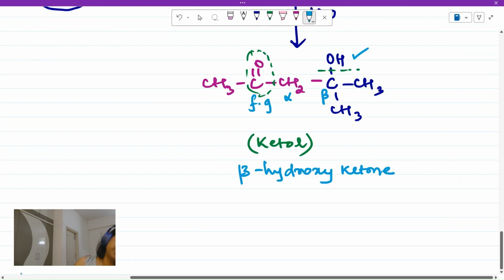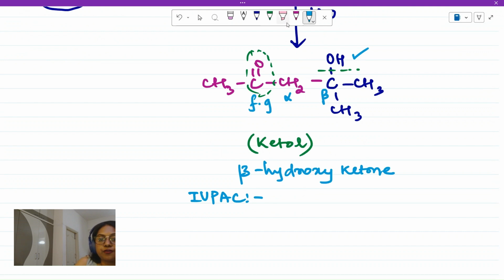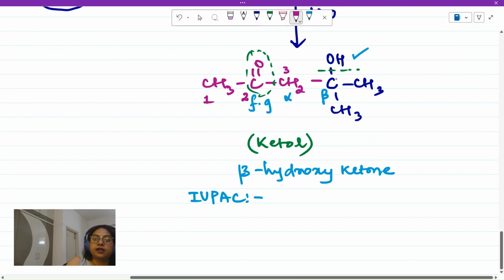And what would be the IUPAC name of this molecule? Take a guess. How do we start numbering this? We number it from 1, 2, being closest to the carbonyl group, which has higher priority. 3, 4, 5.